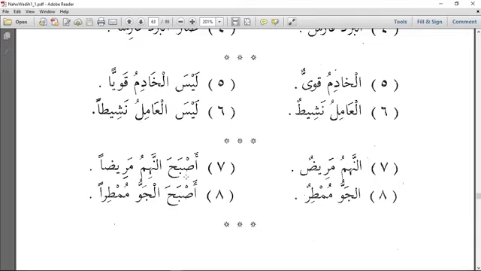The first way is to denote a description of that particular word in the past, just like kana, but their time will be specific depending on the kind of verb we use among the five. So asbaha, we now denote the time of the morning for that meaning. So asbaha nahimu maridun, the glutton was sick in the morning.